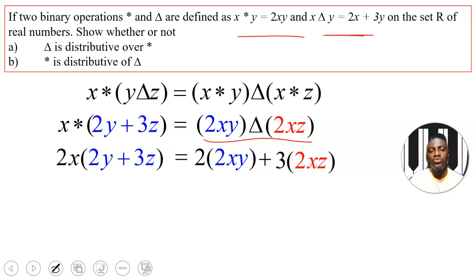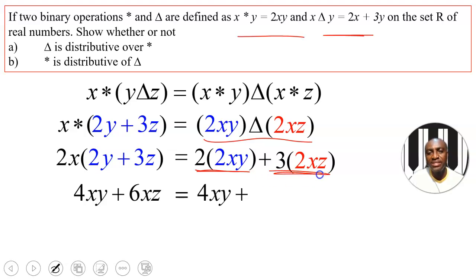Then I'm going to simplify both left and right. For the left hand side, when I expand this, I have 4xy plus 6xz. And here too, if I multiply this by this, I'm going to get 4xy. And when I multiply this by this, I'm going to get 6xz. And here you can see obviously that the left hand side is equal to the right hand side.